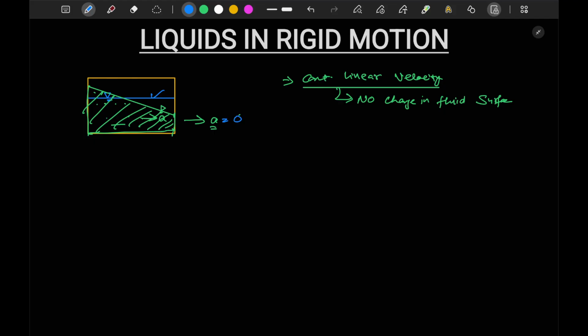But if there is some certain acceleration, then what will happen? Your level of the fluid, or your fluid surface, will change. Now what happens here? If there is acceleration, then due to this acceleration there will be pressure or force acting on these walls.